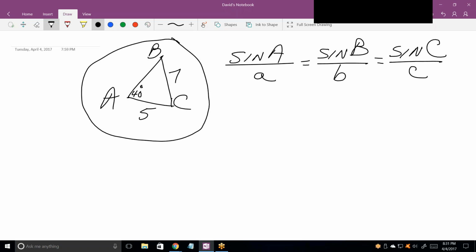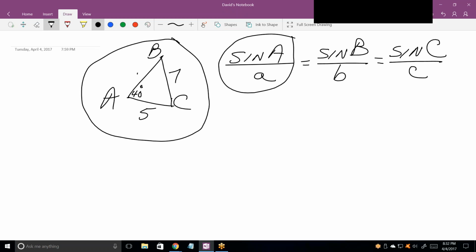Using the law of sines, you can solve the triangle. We know the sine of 40 divided by 7 is the fundamental constant for this triangle, and I can solve for the sine of B. Once I have the angle of B, I'll know the angle of C, and then I can solve for the side of C.